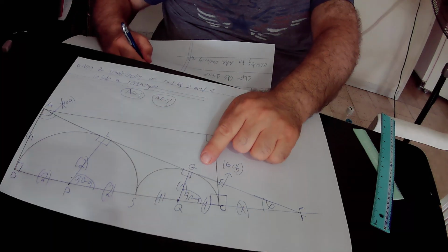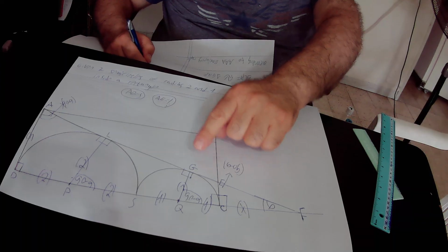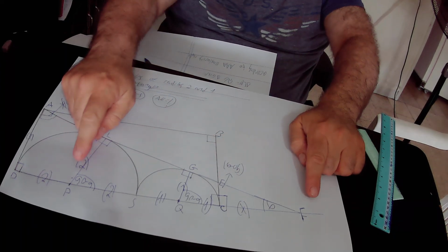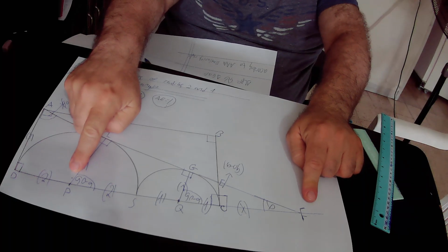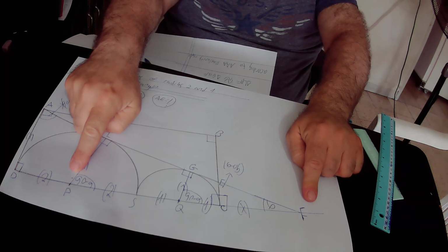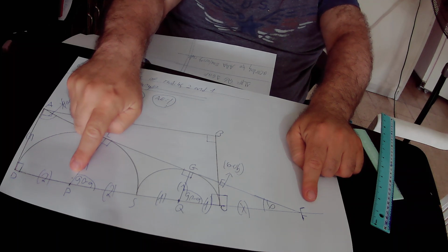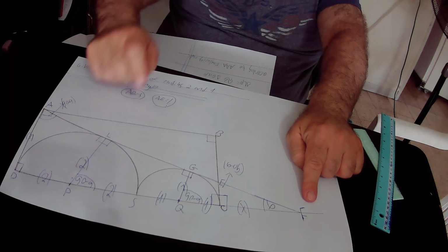GQ is the radius of this small semicircle, that is equal to 1. PF in total equals 2 plus 1 plus 1, that is 4, plus x. So in total PF equals 4 plus x.